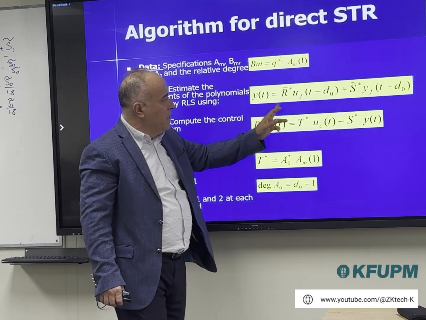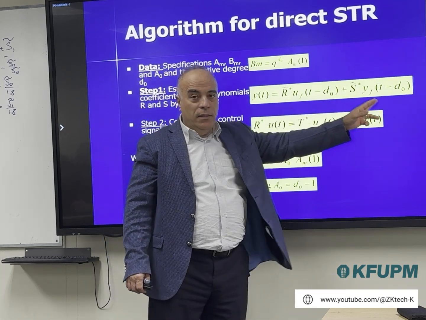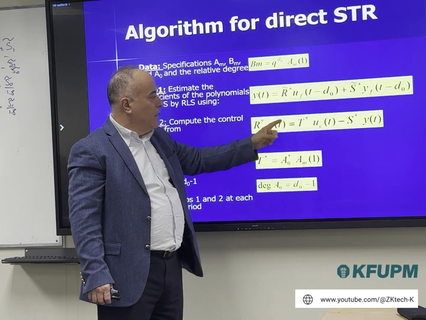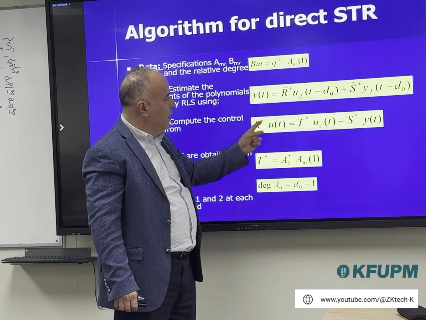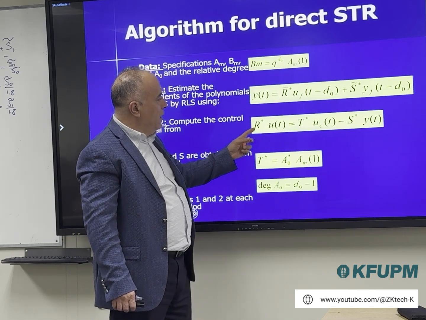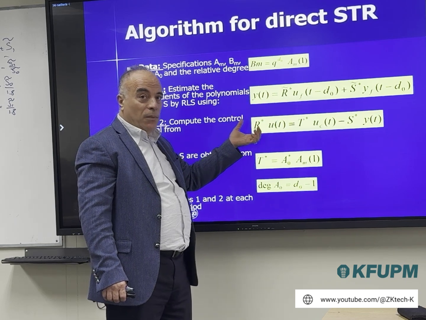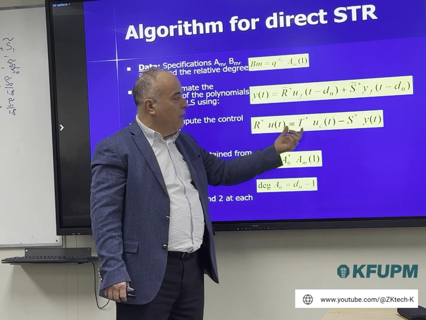We write our system in terms of the filtered signals, UF and YF. From here, we run our identification algorithm and find the value of R tilde. From the value of R tilde, we take the coefficient of the highest polynomial as B minus. We put this, we identify R and S tilde.